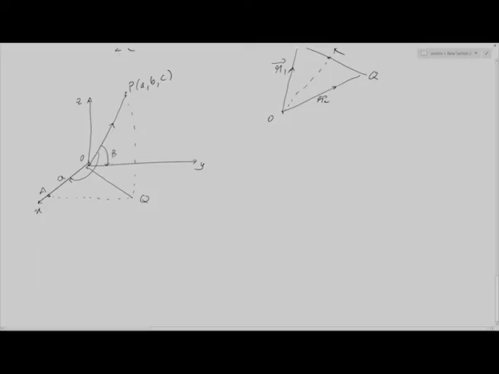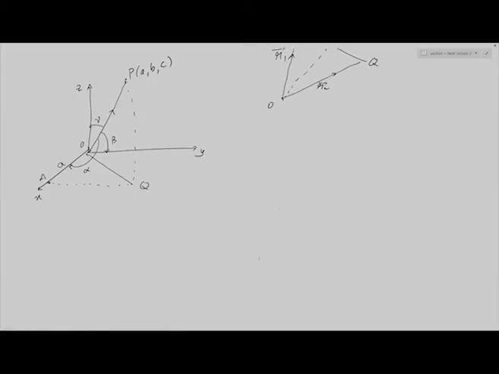So, let me call it beta. Similarly, OP makes angle gamma with the positive direction of the z axis. Now, you just look at this triangle. So, therefore, this point is B and this point is C.